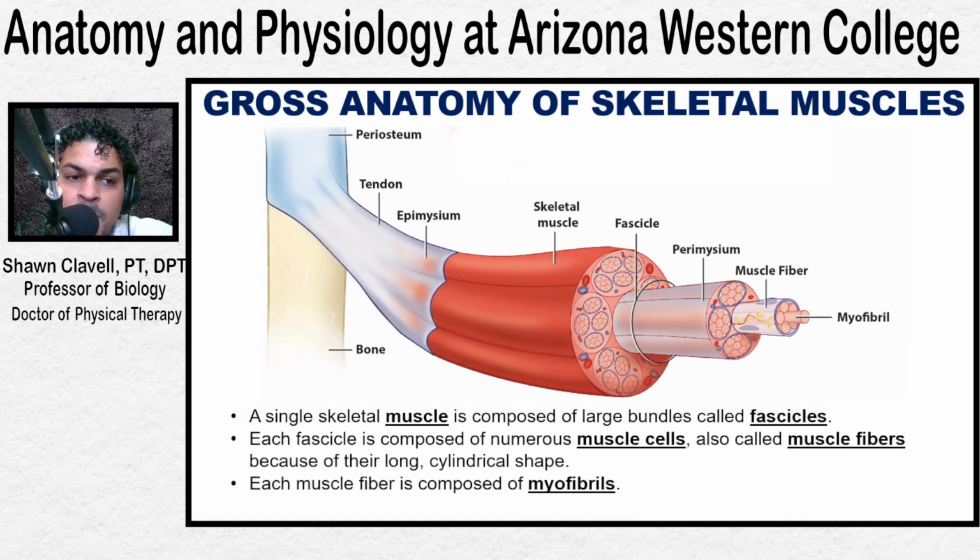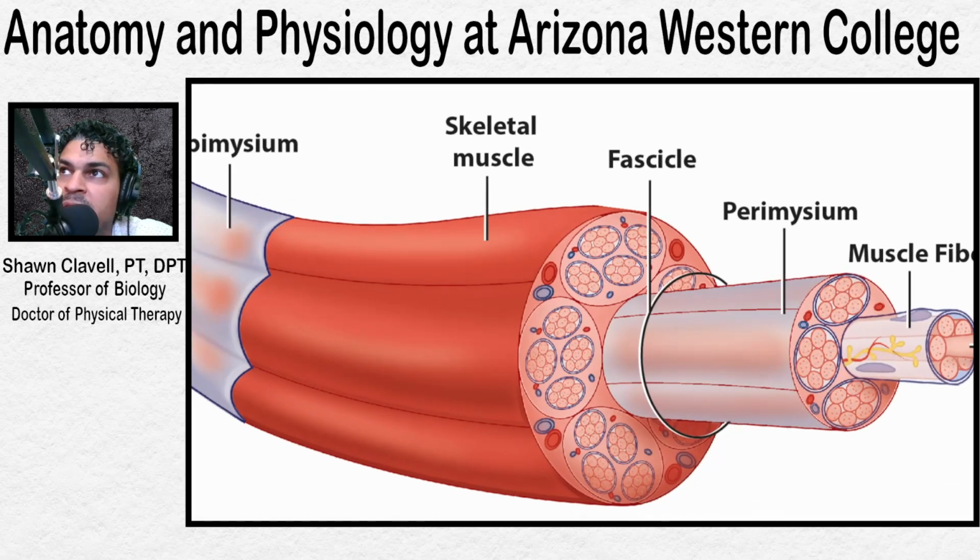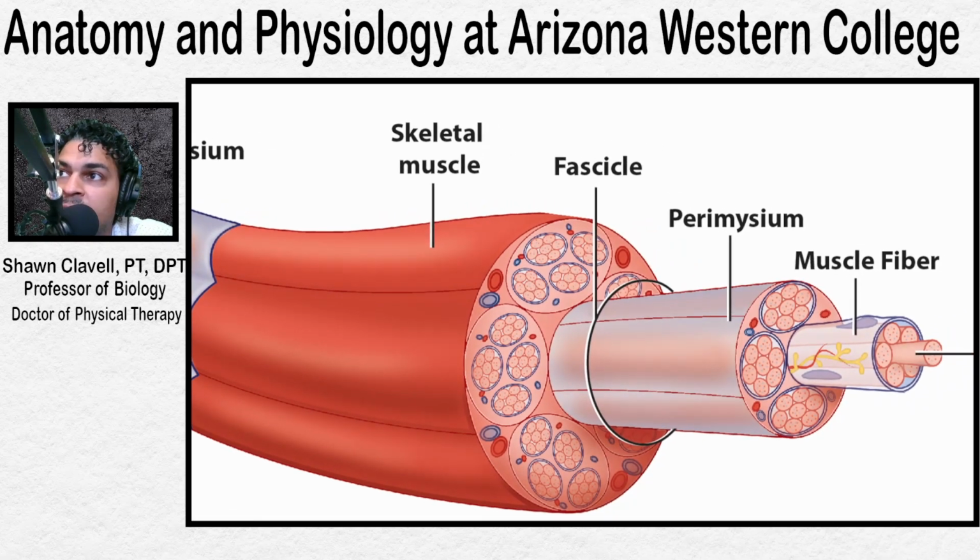Now, each skeletal muscle here is composed of a large bundle of what we may call fascicles. So if we zoom in here, we have each skeletal muscle made by a bundle of fascicles. Now a fascicle is a group of muscle fibers. So if we put a bunch of muscle fibers together, we get a fascicle.